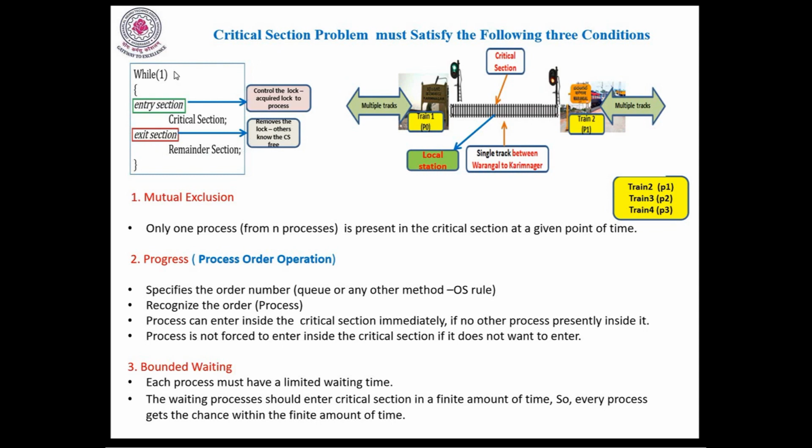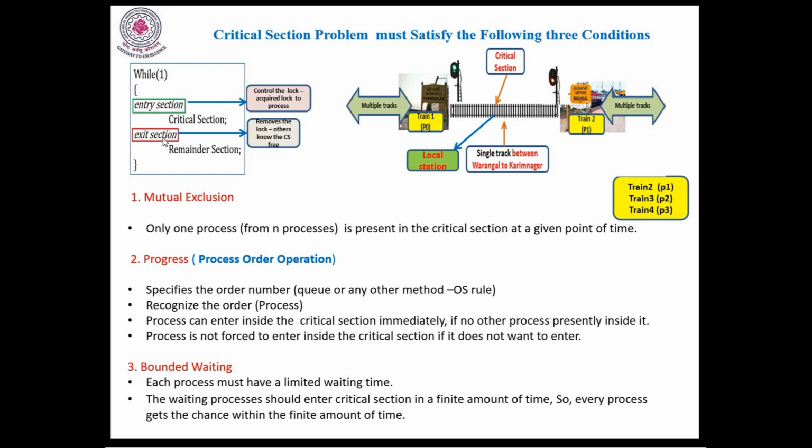Let us look into this structure. This is what we decided with the help of the railway signaling system. Here you see the entry section. This controls the lock, acquiring the lock for the process, and this is the critical section area. Once the lock is acquired, the particular process will enter into the critical section, and this is the exit section.